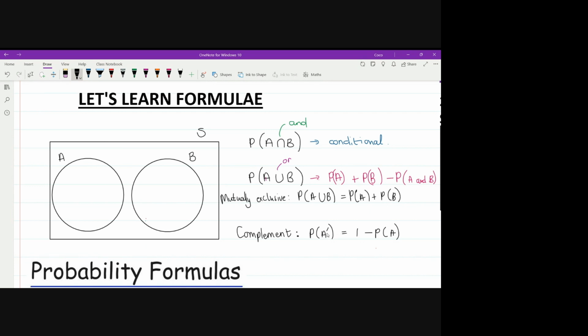So if our A is equal to 1/3, the probability of not A is just going to be 1 minus 1/3, which would equal 2/3. Okay, and that's just a simple example.